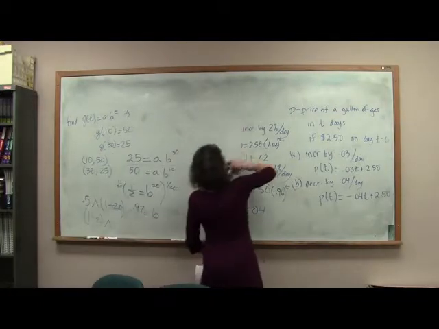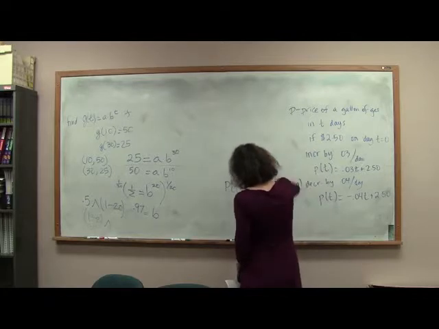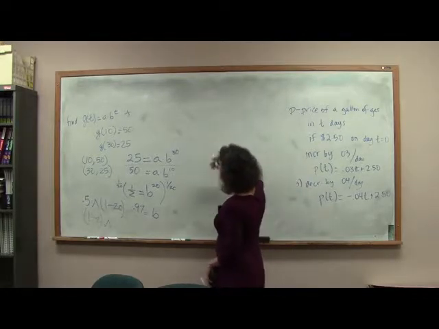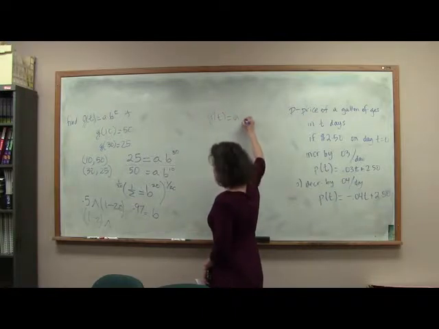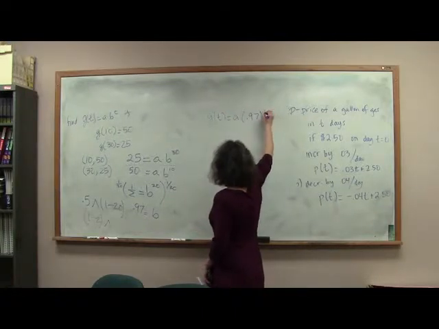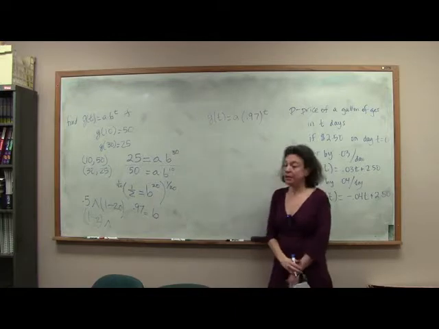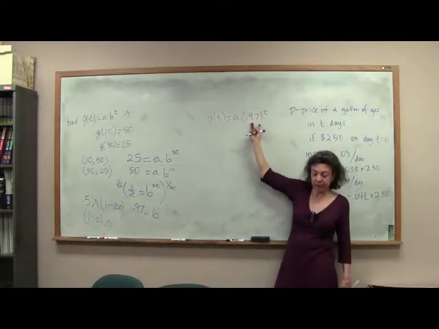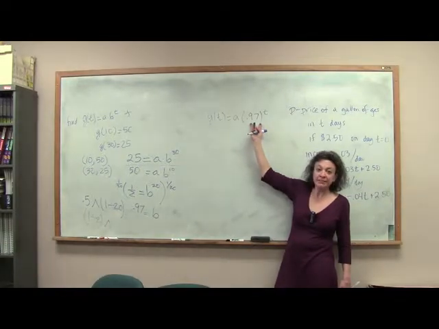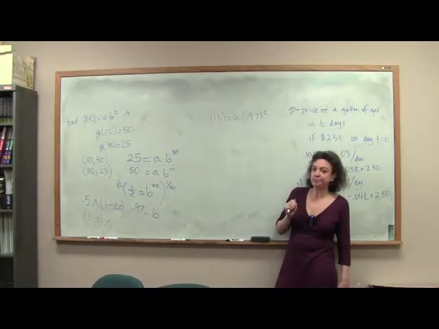So, do you agree that so far, what I can say about my function g of t is it's equal to a times 0.97 to the t power? Notice my base is between 0 and 1, just as I predicted, given the fact that this is decreasing.